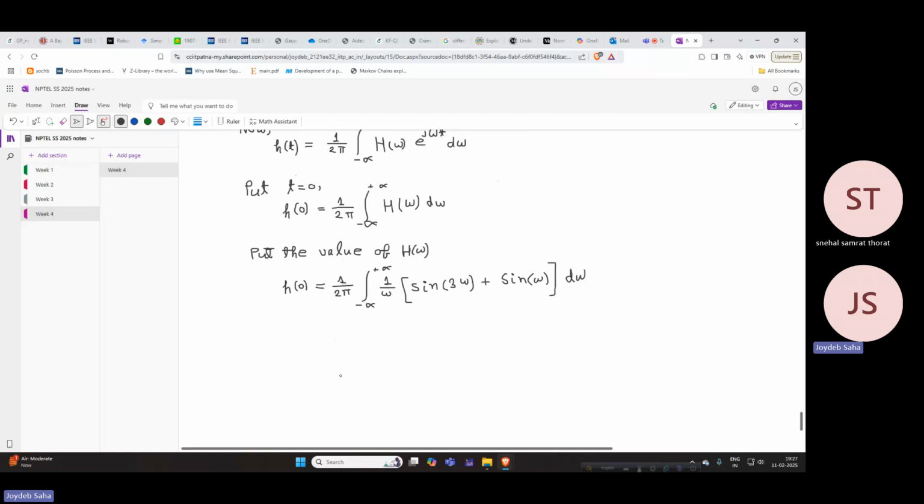Now can we rewrite this as 1 upon 2 pi, or rather one upon 4 pi.